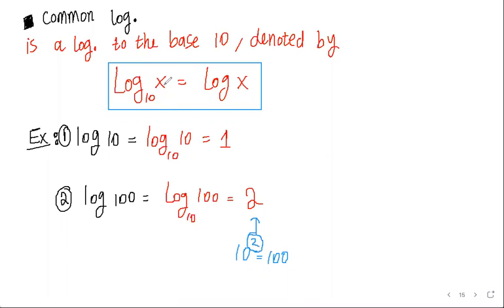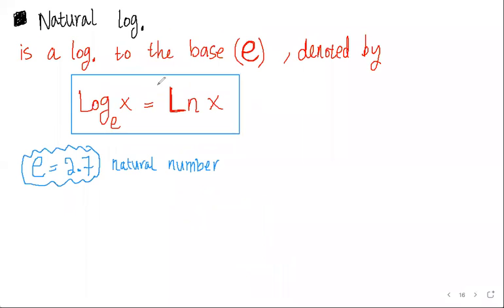See the 10? This is the difference. For the common log, the base is 10, and we can write it as log x without writing the base. But for the natural log, the same definition, but the base here is e.